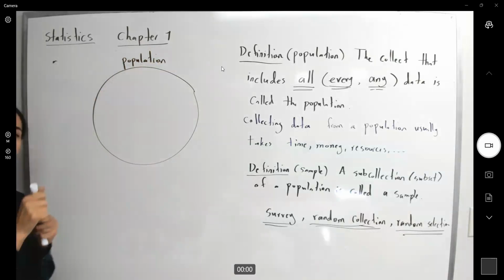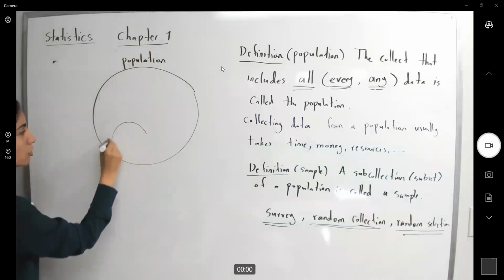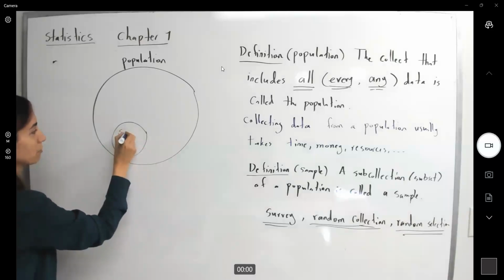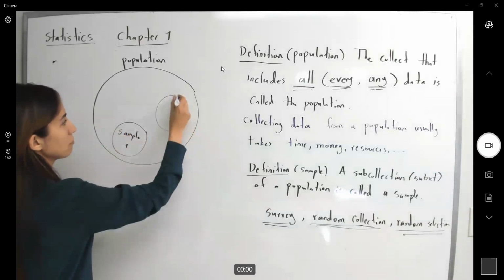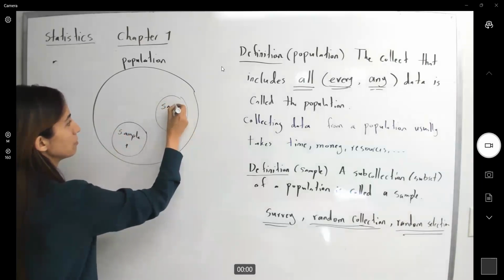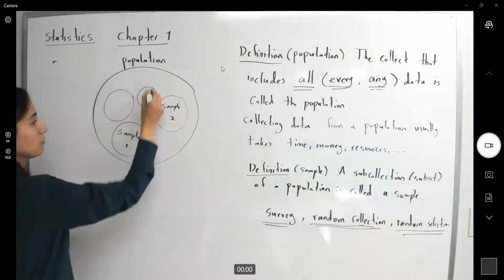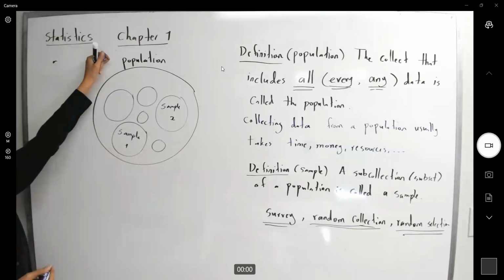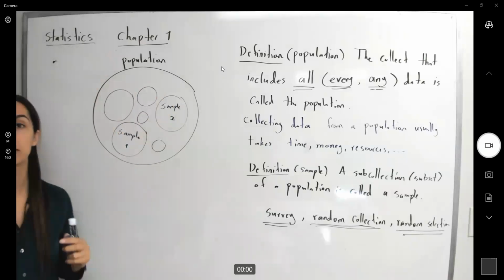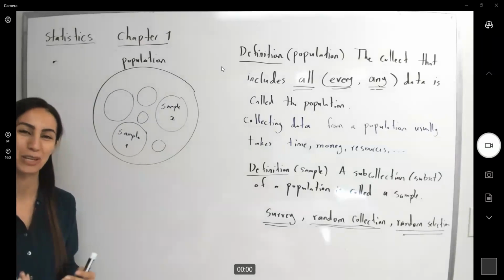Then there are some small circles inside the population that we call samples: sample 1, sample 2, sample 3, and so on. One population, but many random samples taken from that population.